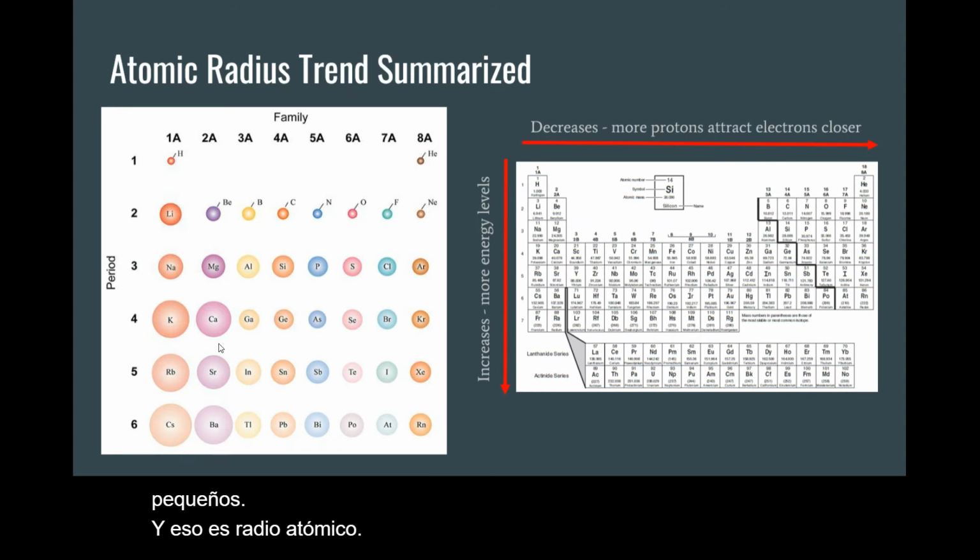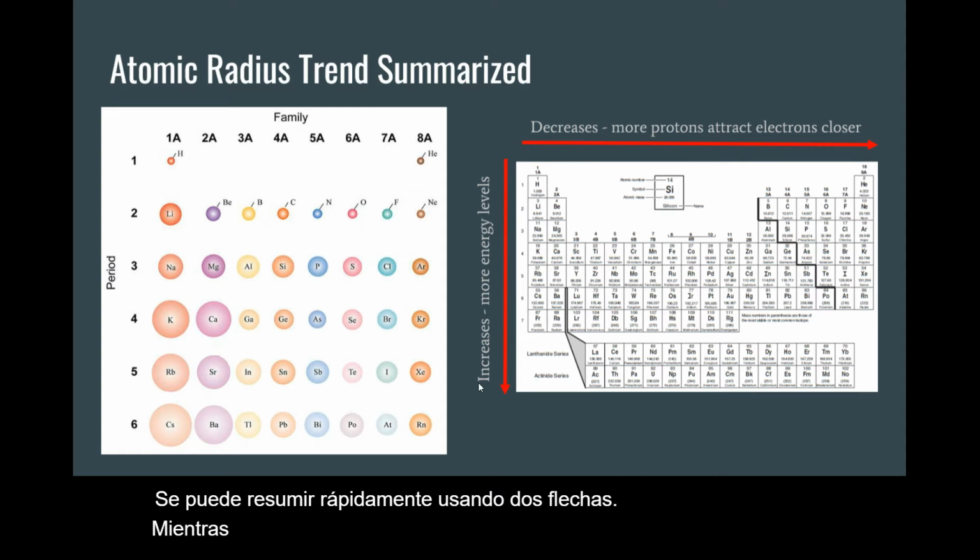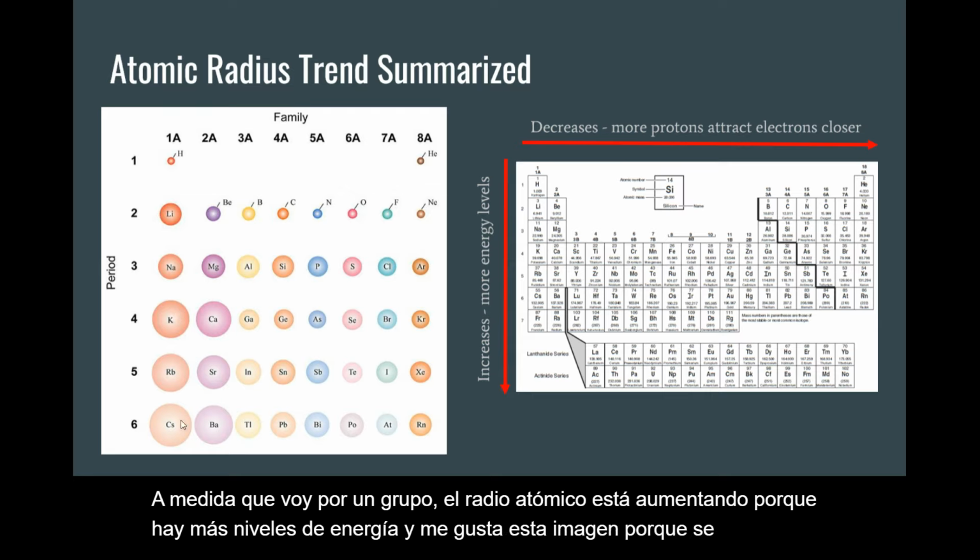It can be quickly summarized using two arrows. As I go down a group, the atomic radius is increasing because there are more energy levels. And I like this picture because you can see those circles showing you the size.